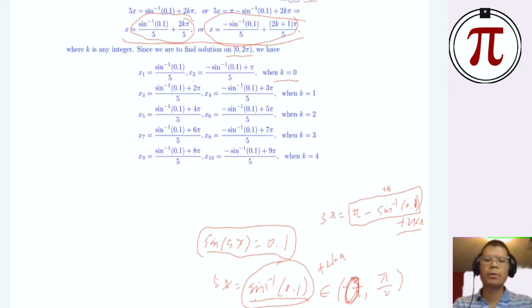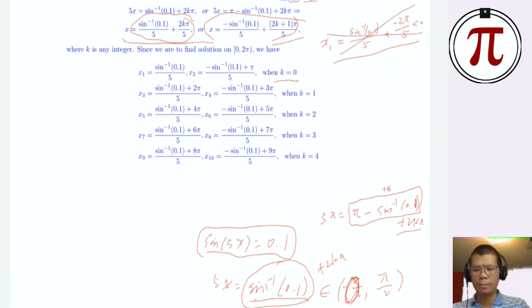If k equals -1, then the x value, for instance x1, is going to be sine inverse 0.1 over 5 plus negative 2 pi over 5. This is apparently less than 0, correct? So of course, k cannot be negative 1. So the least possible value for k is 0.